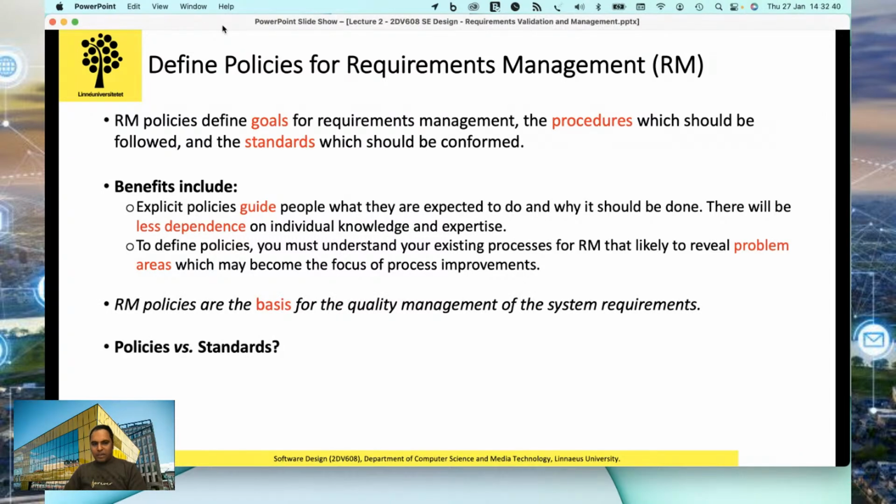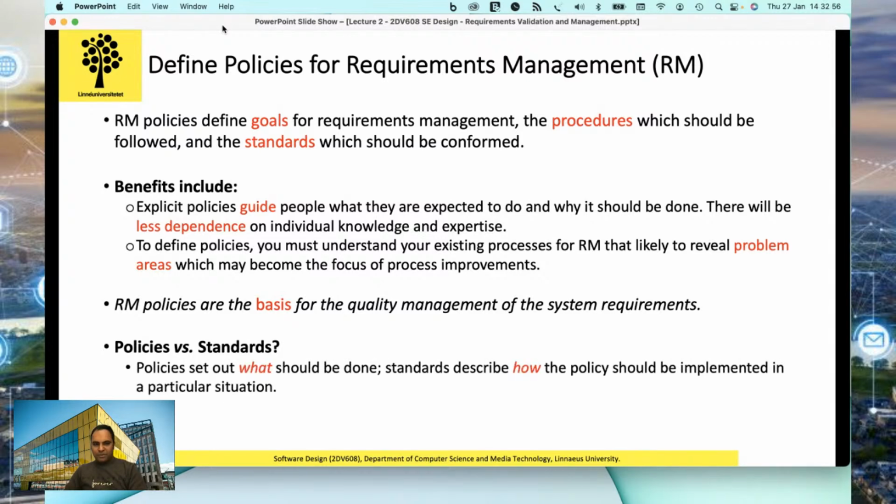And then policy versus standards. We also discussed, let's say, requirements document standards, but now we are also talking about policies. So what are the differences between policies and standards? So policies usually tell you what you should do, not, let's say, in which order, but what you should do.